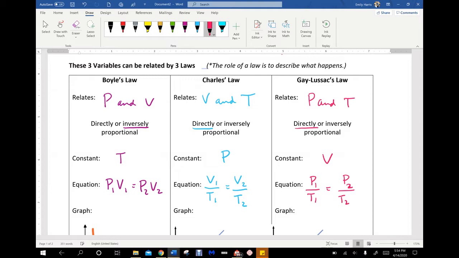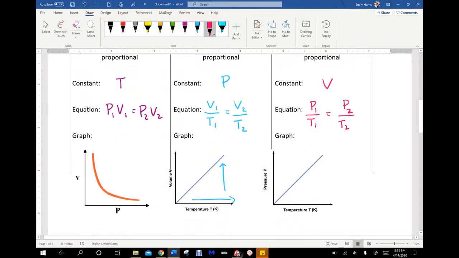What those little subscripts stand for is that the subscript 1 stands for your initial or starting conditions. Then we make a change, and we measure the ending or second conditions, and that's what the little 2 stands for. Just like Charles's law, your Gay-Lussac's graph is directly proportional, so it should be a straight line as well.